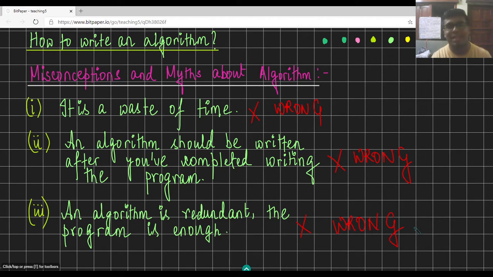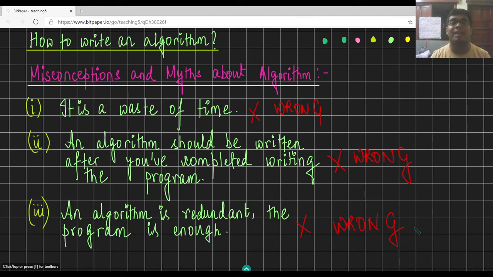So let's say you are familiar with Java and you wrote a program in Java. Now there's someone else on the other team who is familiar with Ruby. Java and Ruby are not alike. So a person who knows the Ruby language cannot decipher what you have written in Java because the syntaxes are different. Therefore, an algorithm is required because an algorithm is independent of programming languages.